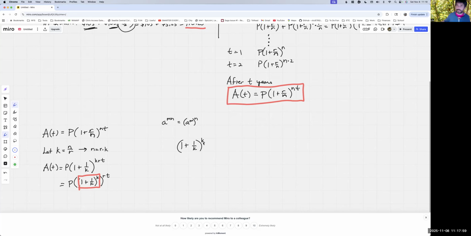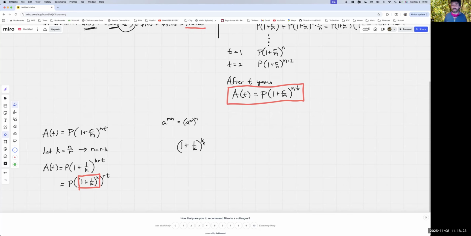How often do you get your interest? Well, we imagined monthly. You could imagine daily. You could imagine interest compounding every second. Ultimately, we can push to the extreme of always compounding. You're constantly growing, and the growth is then part of the next growth.